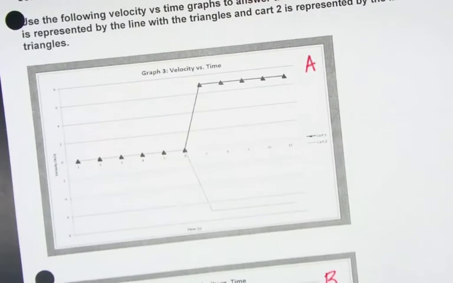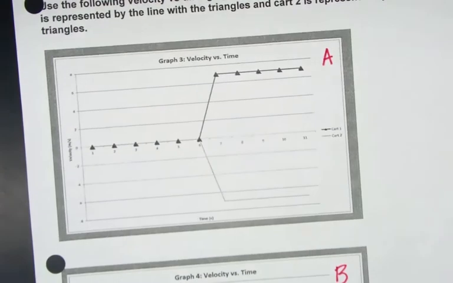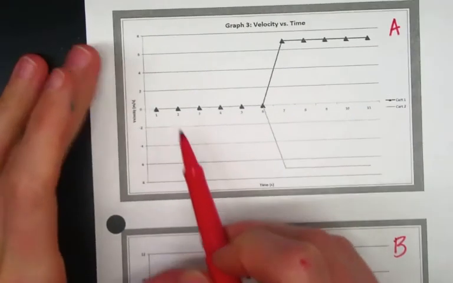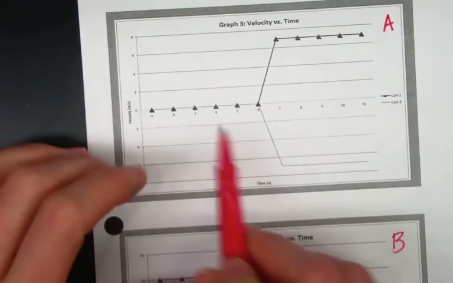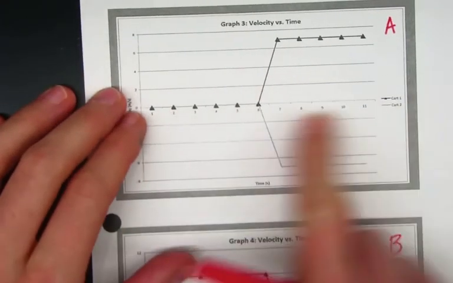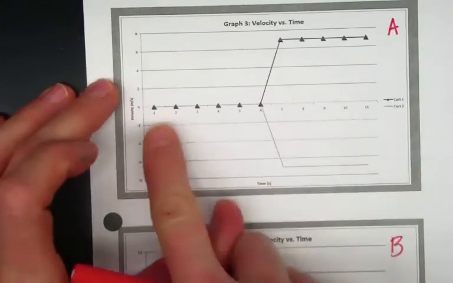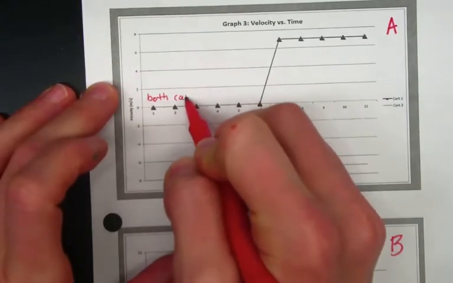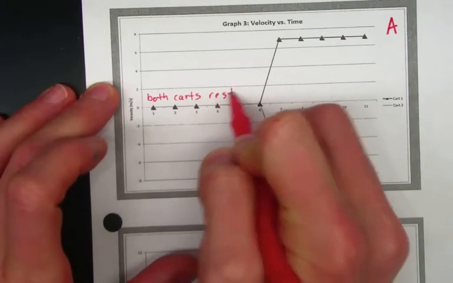Okay, so the explosion is when both carts are at rest. Now notice in the beginning here, for all this time, I only see the triangles. That's because the gray cart is also on this side, right? So both carts are at rest here, okay?